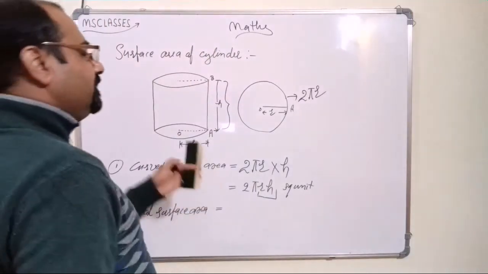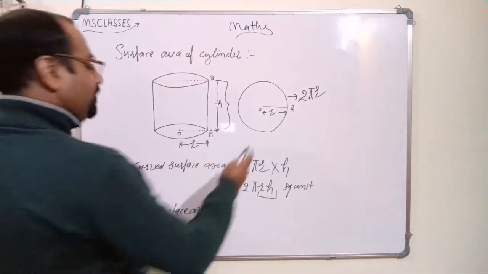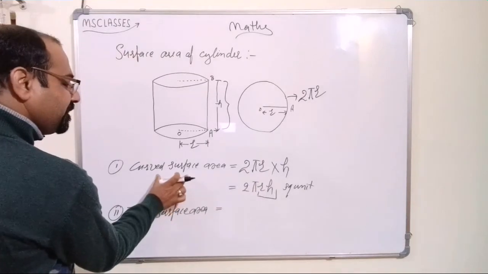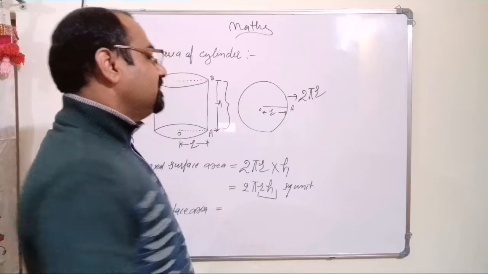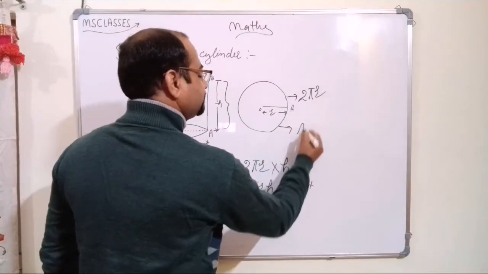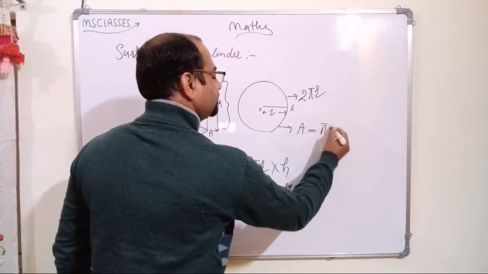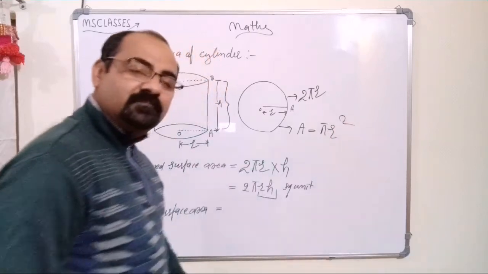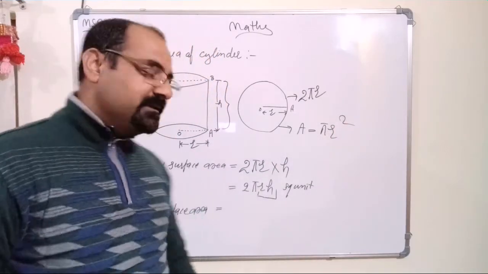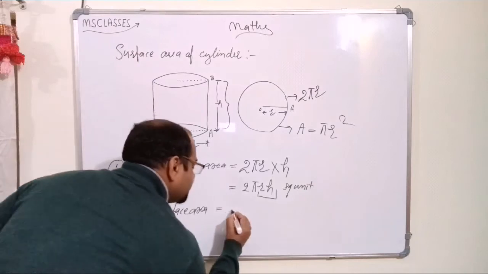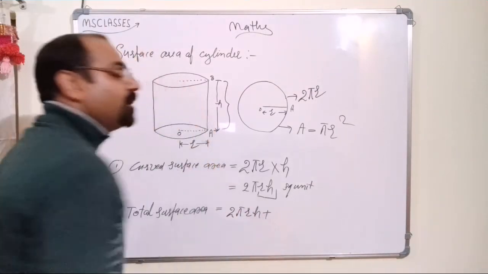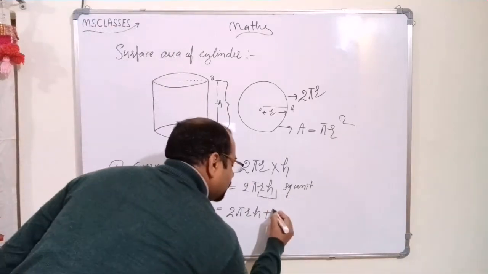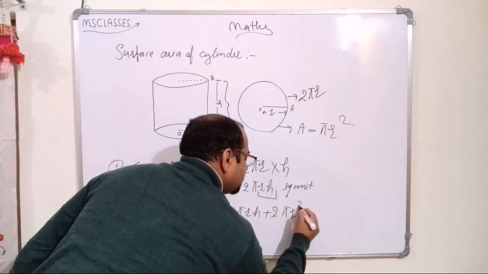So our curved surface area plus 2 times the area of the circle. The area of a circle is pi r square. So the curved surface area is 2 pi r h plus how many circles? 2. So 2 pi r square.